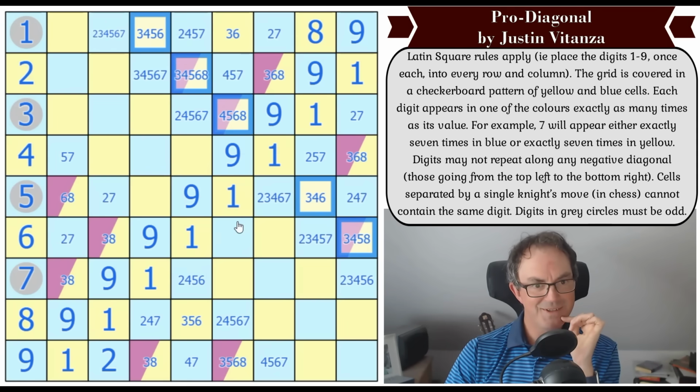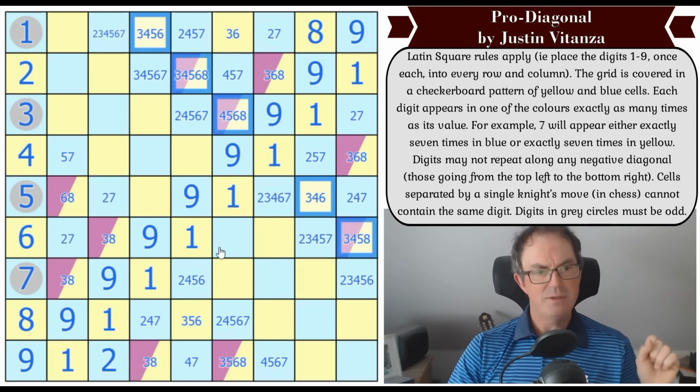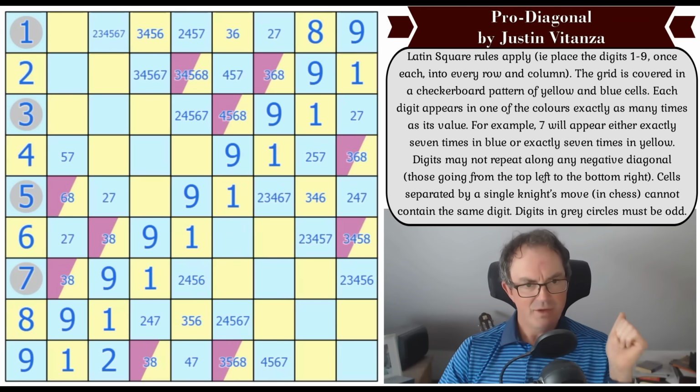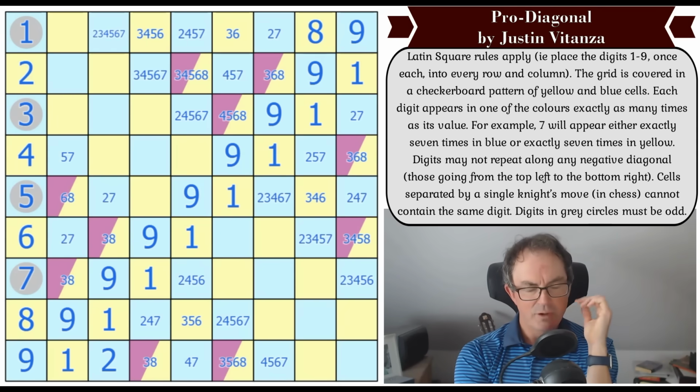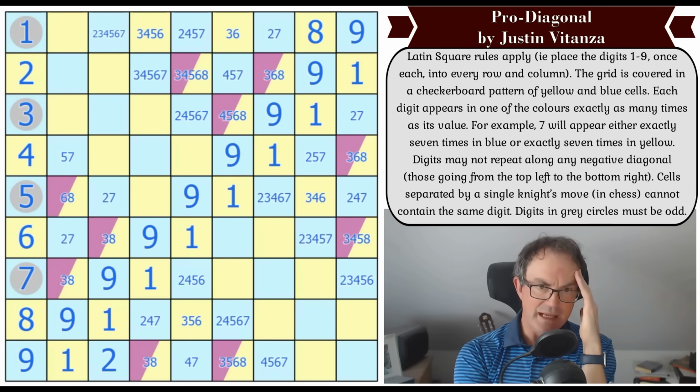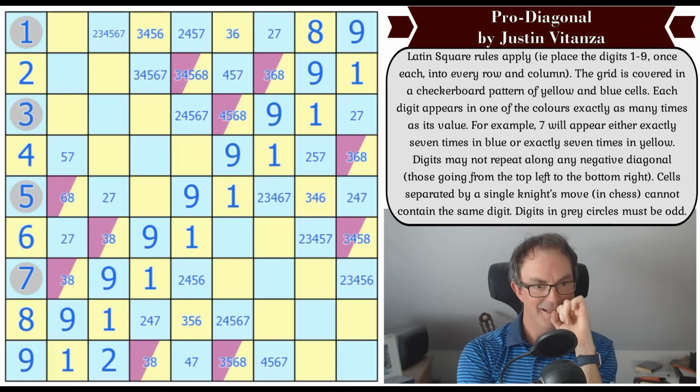I don't know what to do. So how do we do this then? I think I've just lost track. I've almost overcomplicated it now with pencil marks, and now I'm really struggling to see what I could possibly do from here.